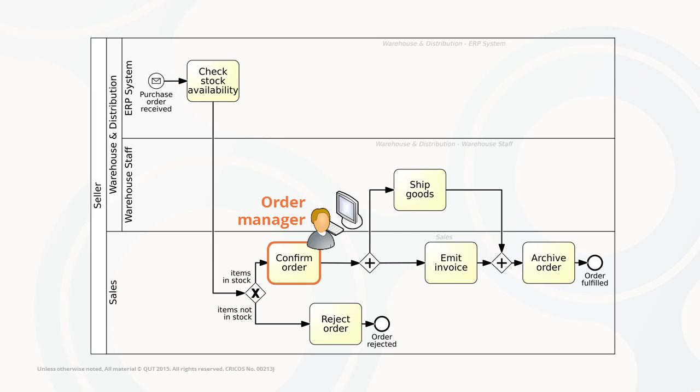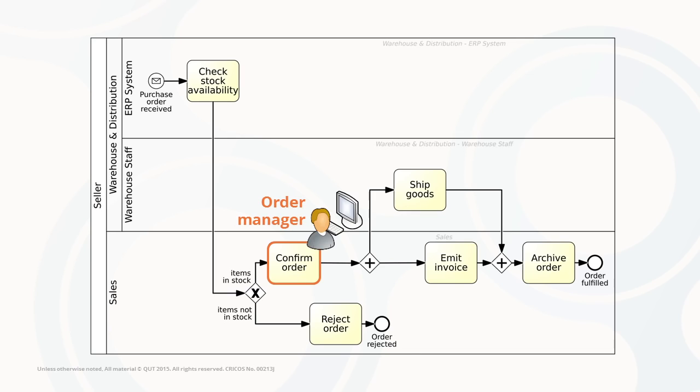So this order manager will see on a screen the various orders that they need to confirm, and then they will pick one of them, say the one related to this particular instance that we are analyzing. And so then what they will do is that they will see this order through an electronic form, and then they will be able to confirm this.